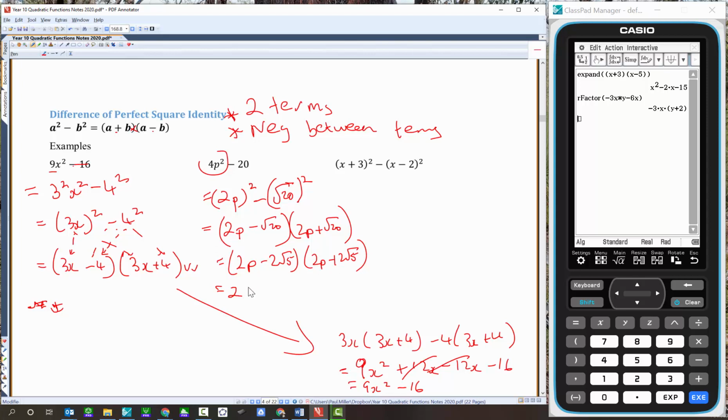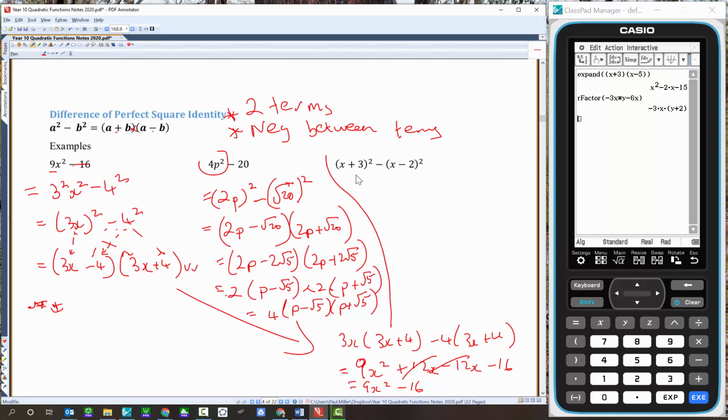So it's 2p take root 5 times 2p plus root 5, and this can all be multiplied together. So this will be 4 times p take root 5, p plus root 5. And there it is. That would be considered fully factorized.